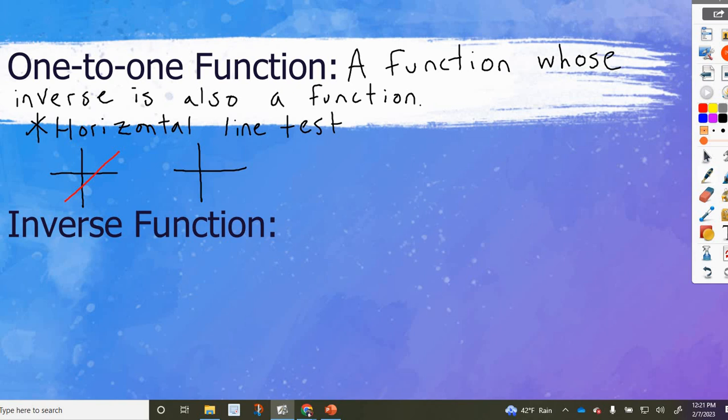In other words, if I draw a bunch of horizontal lines, is it going to pass through more than one point? Yes, it passes the horizontal line test because it does not pass through more than one point horizontally.